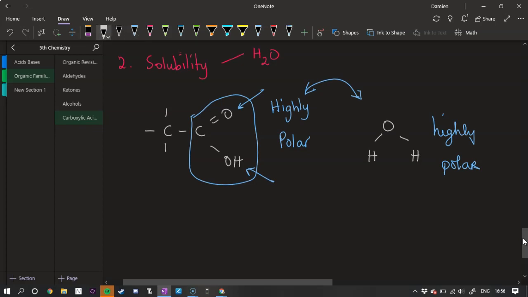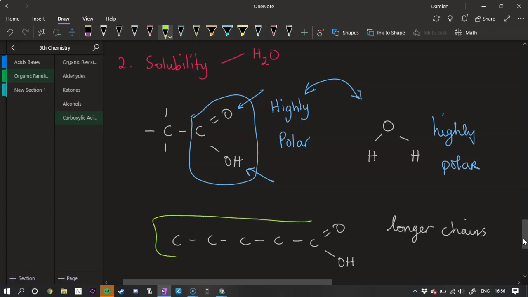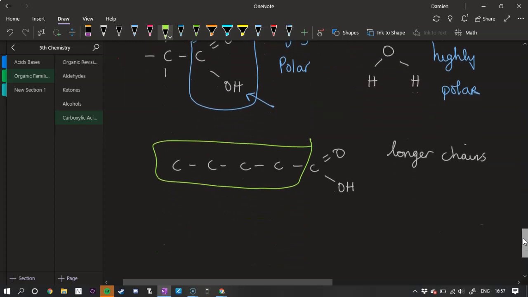Now, as you increase the length of the chains in the carboxylic acids, these carbons here, because it's a longer chain, lessen the effect of the polar parts.